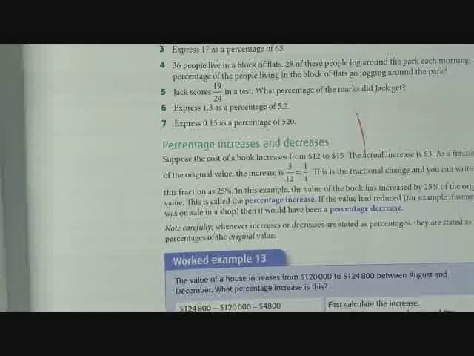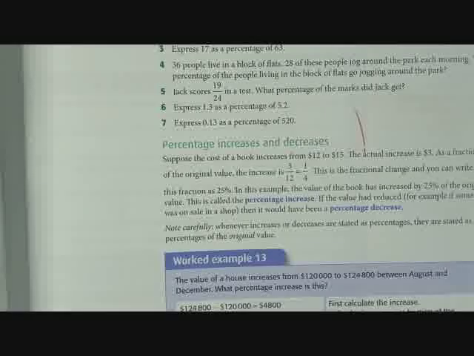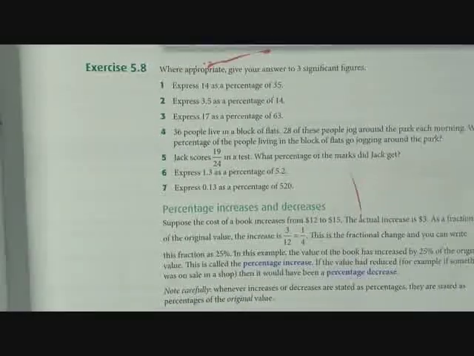Now you obtained 14 out of 27, and we have to find the percentage. In this exercise, we are going to find it to three significant figures or three decimal places. Now the first question is: express 14 as a percentage of 35.